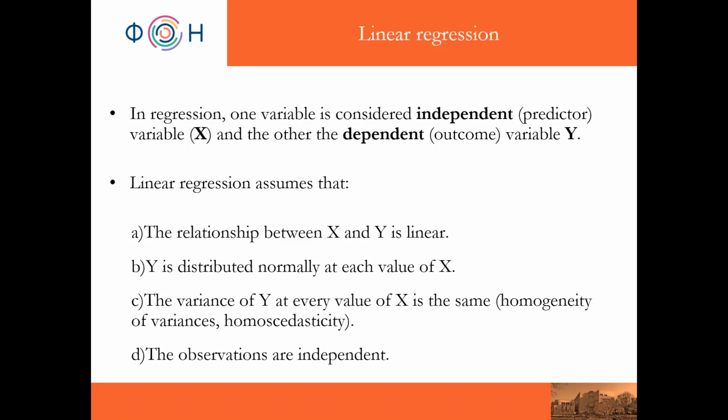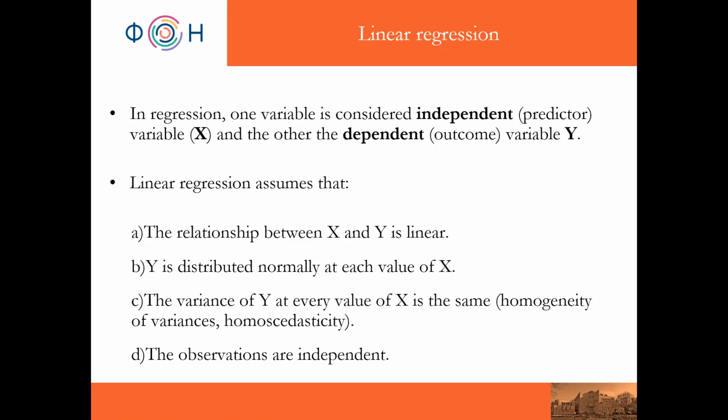A stochastic relationship is such a relationship that for one value of our independent variable, we can have many values that our dependent variable can take.